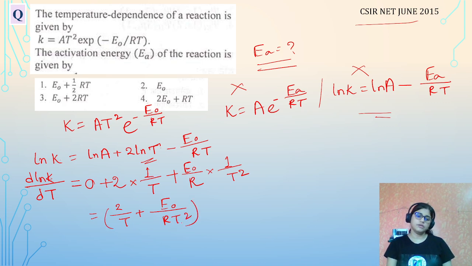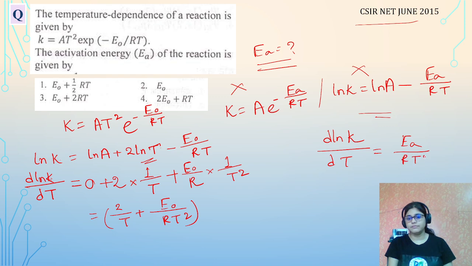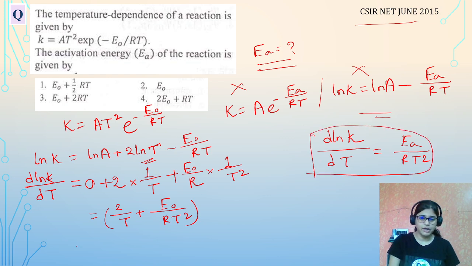But we can't compare now also, because in that form of the Arrhenius equation, d ln k by dT equals Ea by RT squared. If you have forgotten about it, I will show you again after solving this.